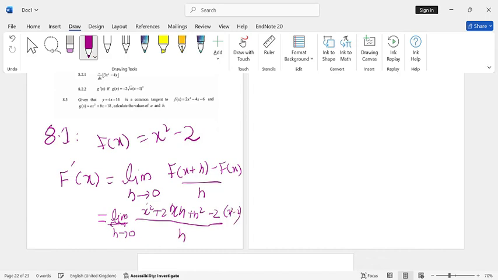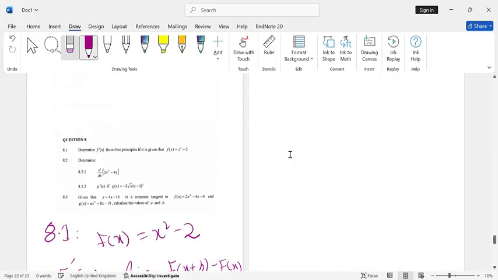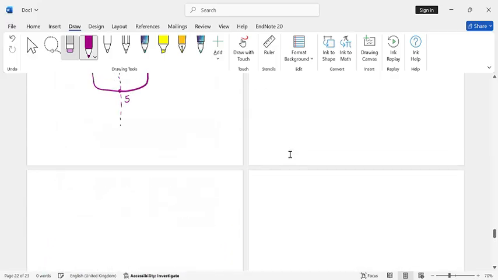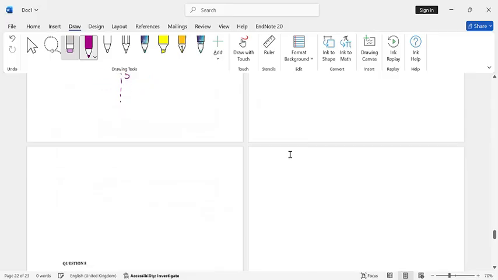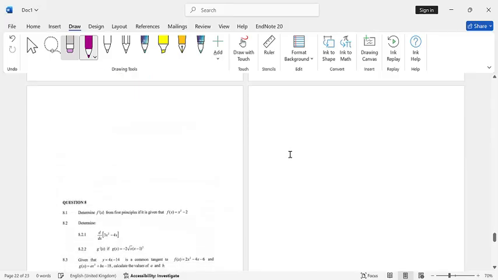All right. So how do we get the values over here? Okay. So I'm going to simplify the equation. We have the limit as h approaches 0, and we have simplified this equation to 2xh plus h squared over h.